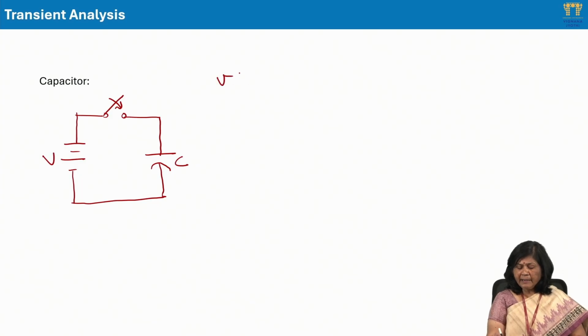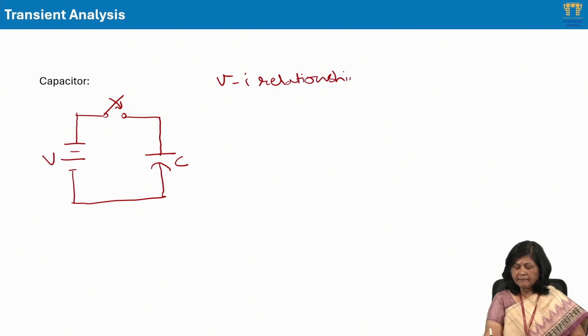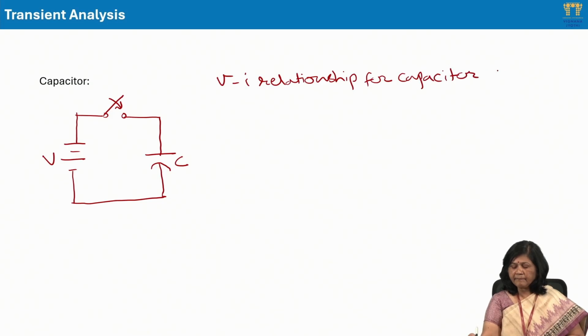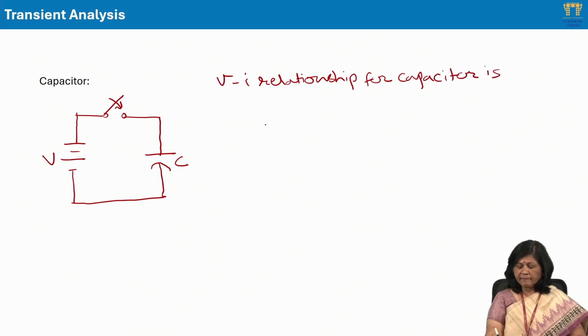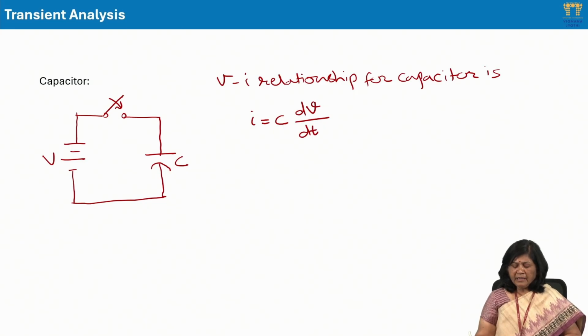The VI relationship for the capacitor is I equal to C dV by dt. I'll take the instantaneous value we are talking about, so I equal to C dV by dt.